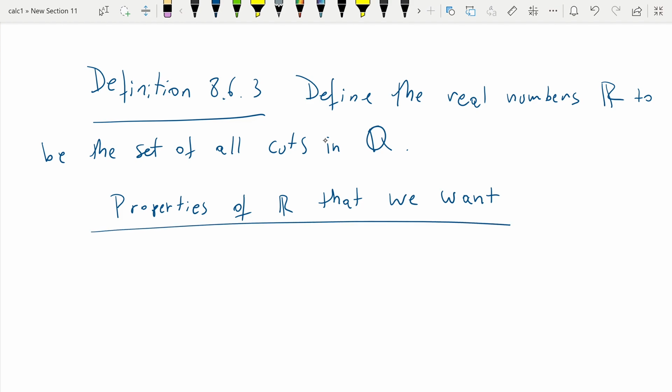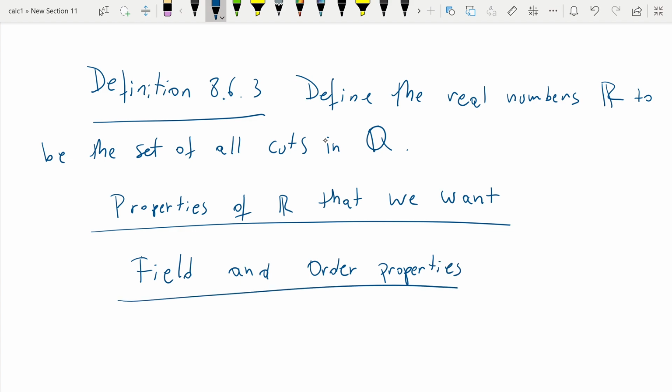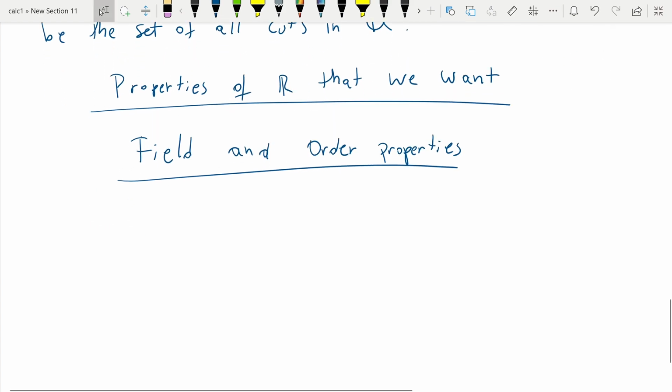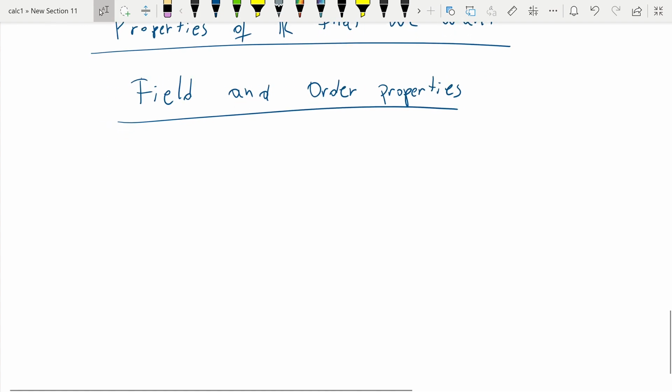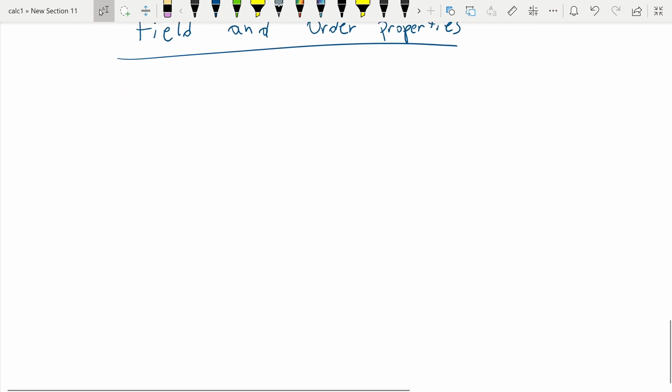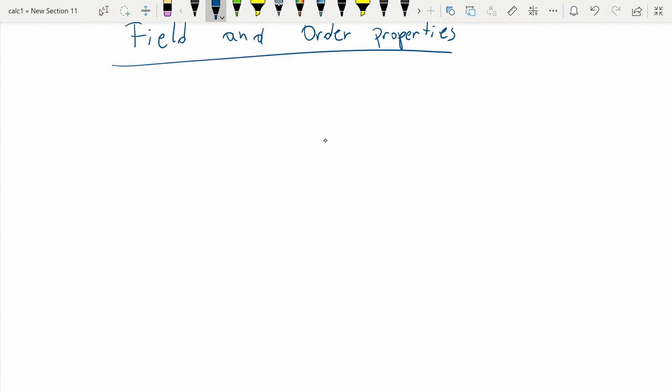So now we actually want the field and order properties. So there are structural things that we want to preserve when we enlarge the rational numbers.